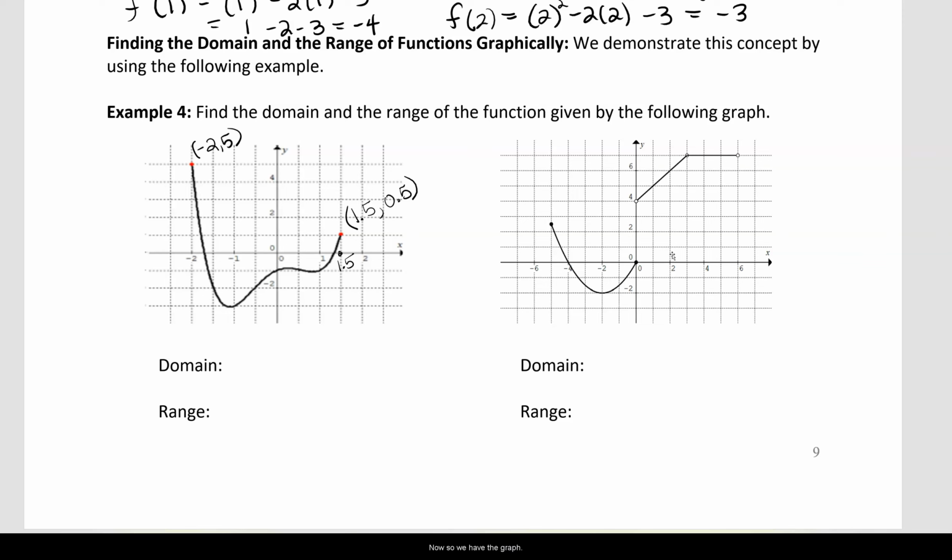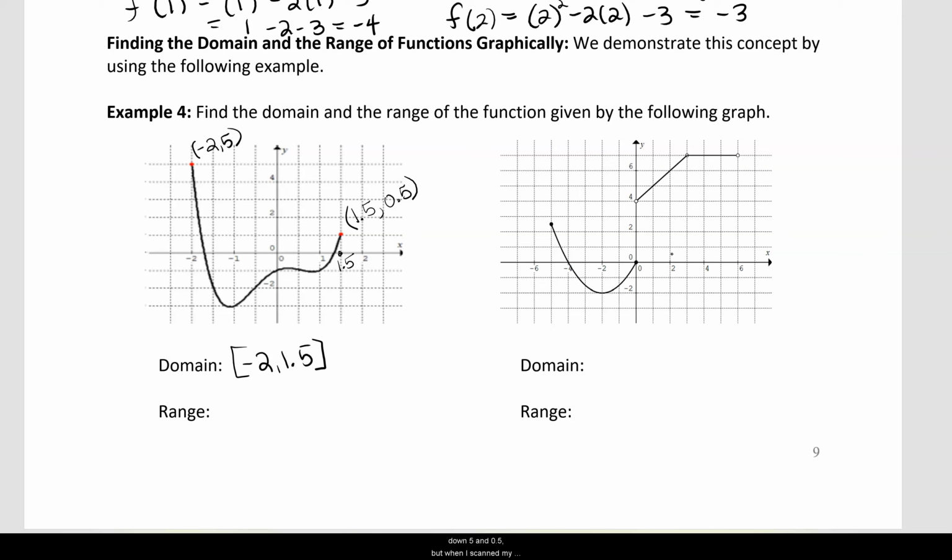Now, we have the graph labeled. It's a continuous graph. We do not have to pick up our pencil if we were tracing this. That means it's a continuous graph. The x values give me the domain from -2 to 1.5, and the y values give me the range.